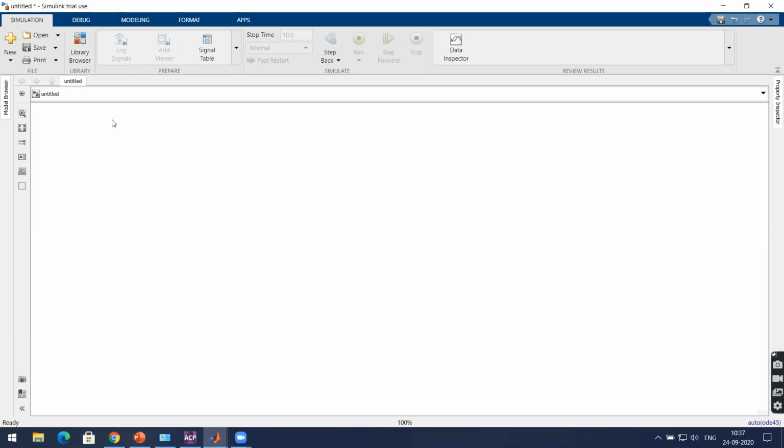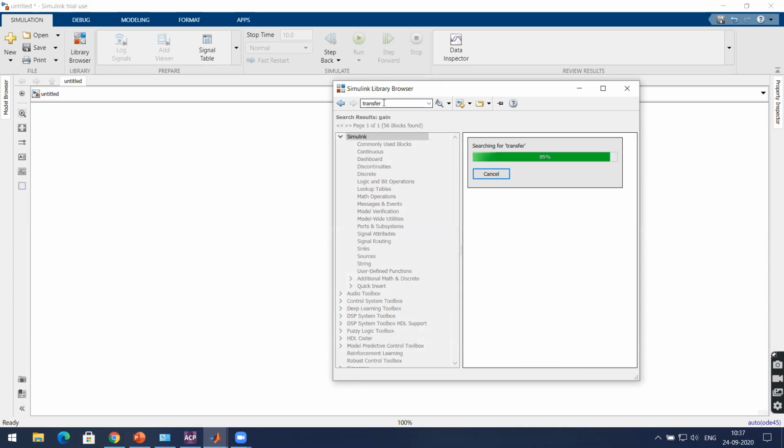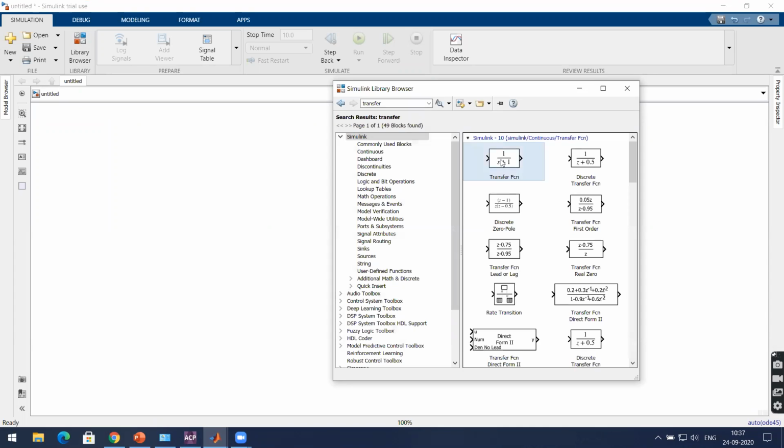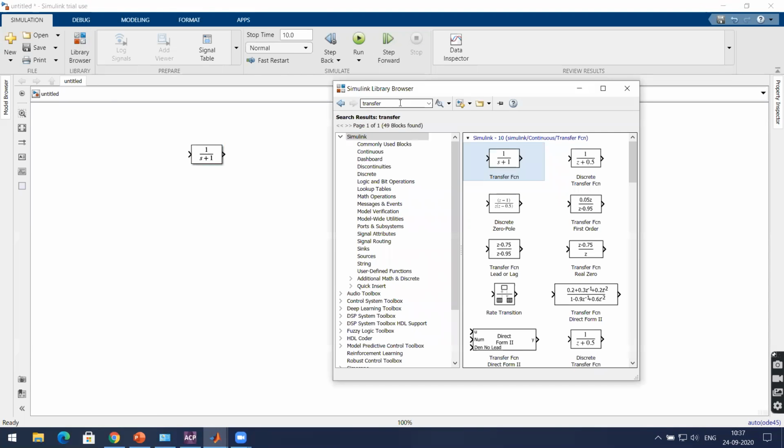Here, in the library browser, take a transfer function, and then you need a constant.